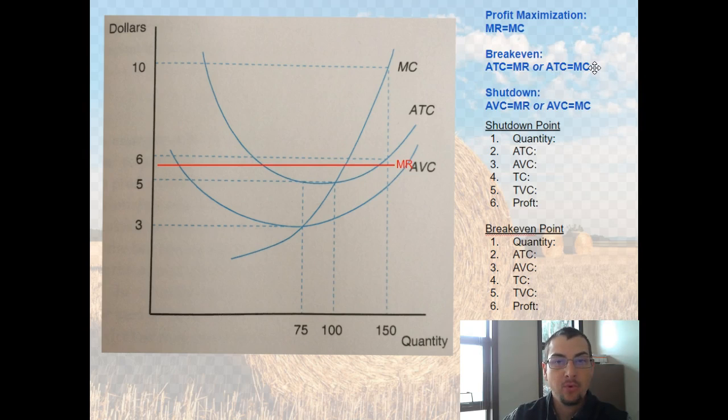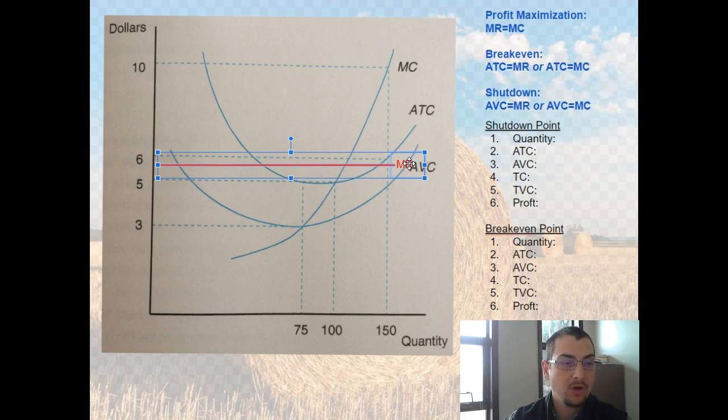Well, first and foremost, marginal revenue is the amount that we receive from producing one more unit. That's also equal to the price in perfect competition. Because we are dealing with perfect competition, we are price takers, meaning that this marginal revenue curve is equal to the price and is also equal to the average revenue curve. So just know that this marginal revenue curve in perfect competition is equal to the price.